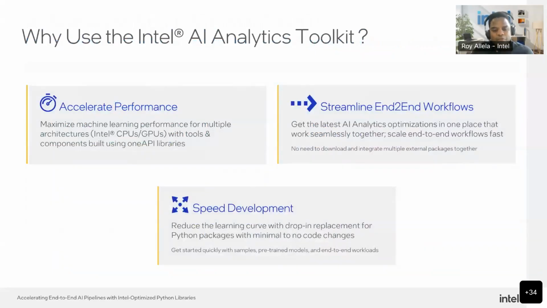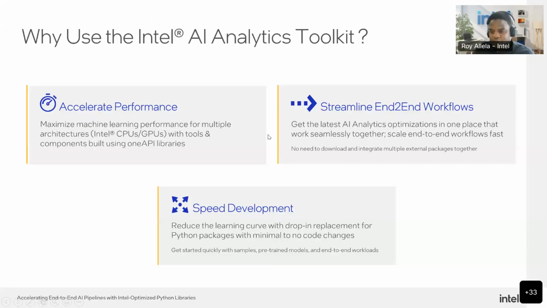So what's the benefit of the Intel AI Analytics Toolkit, and why should you use it? The first benefit is to accelerate the performance of your machine learning workloads across Intel CPUs and GPUs with tools and components built using the oneAPI tools and libraries. So these are oneDAL, oneMKL, and oneDNN that offer optimized kernels to accelerate your machine learning workloads across CPUs and GPUs.